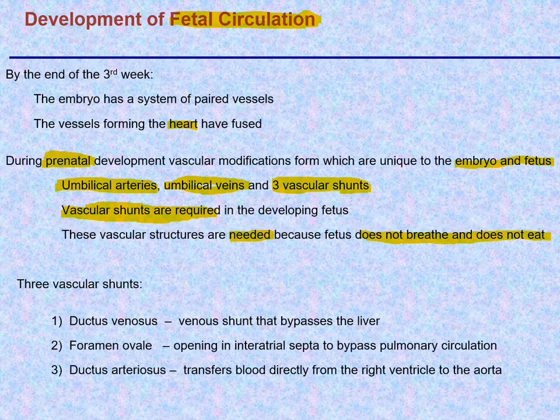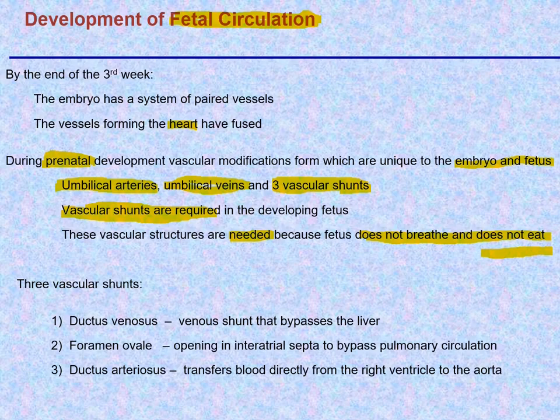It derives its respiratory gases by taking up oxygen from the maternal circulation, and any CO2 that its cells produce diffuses into its bloodstream and then across into the maternal circulation, and she breathes it off through her lungs. Also, any nutrients that the fetus needs are provided via the maternal circulation, diffusing nutrients across the placenta into the fetus.